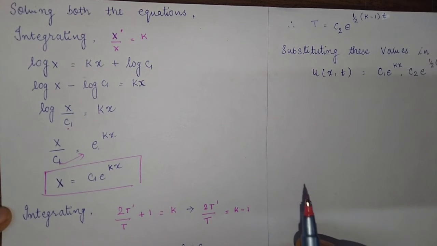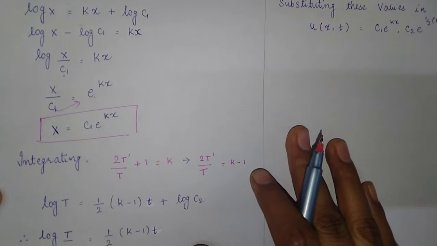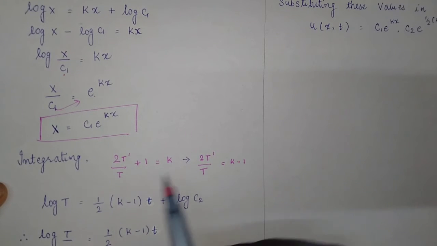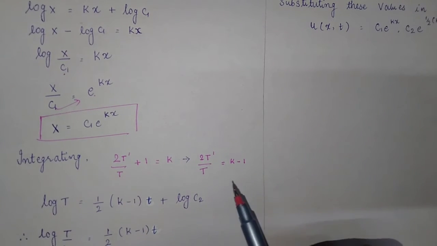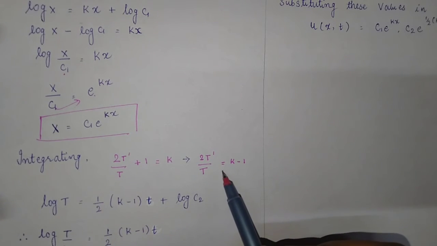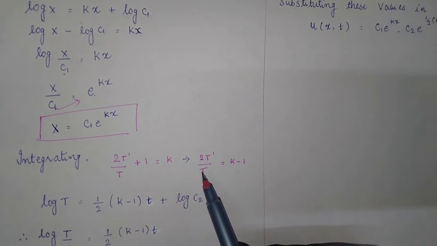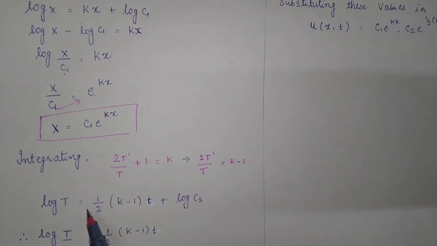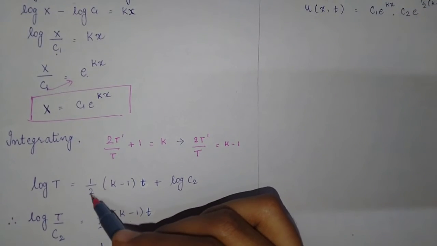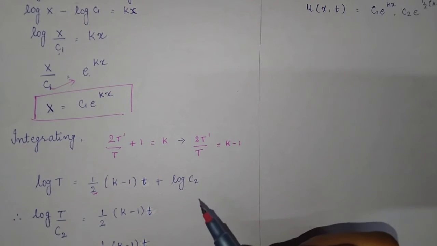So we got capital X, now we will find capital T. In order to find capital T, we will integrate the other equation, that is 2t dash by t plus 1 equal to k. But I can write 2t dash by t equal to k minus 1. So its integration will be log t equal to, this 2 I will send here in the denominator part, so it will be 1 by 2 into k minus 1 t plus log c2.